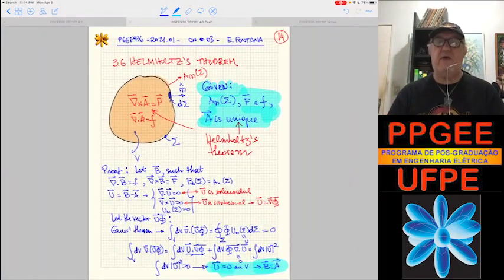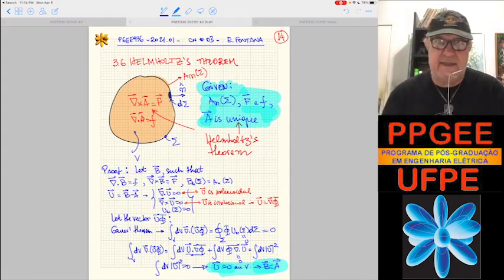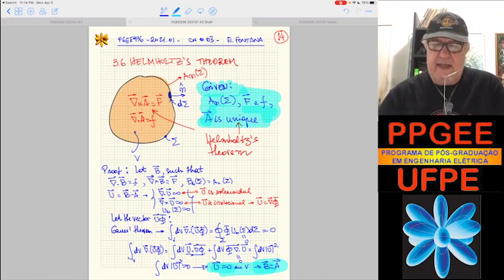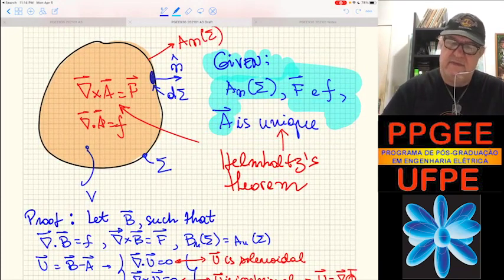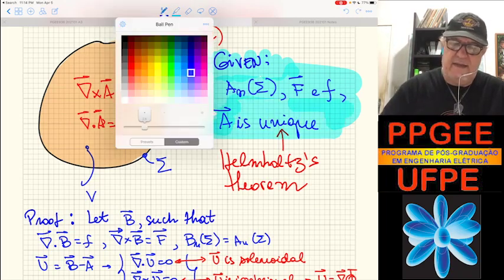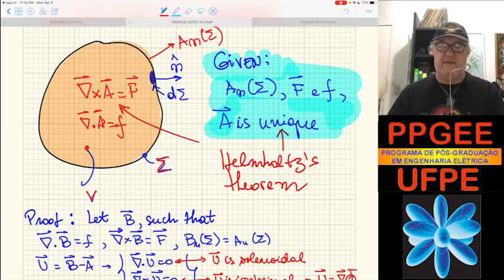Helmholtz's theorem is very important to the classical electromagnetics theory. It states that given a domain, okay, which we can represent by a volume V surrounded by a surface sigma.